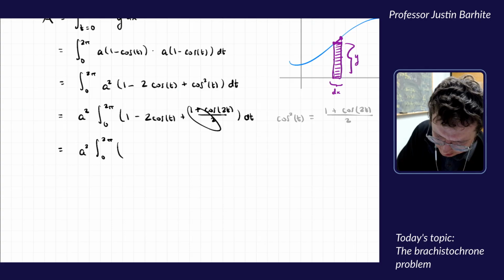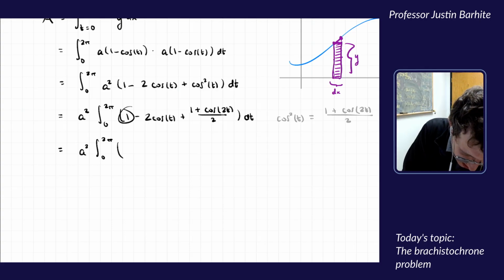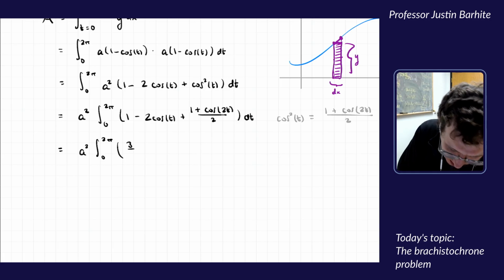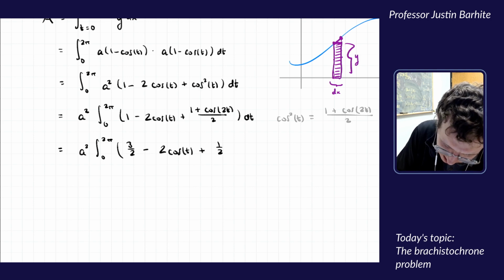If I divide this and split this fraction up, I'm going to get 1/2 plus this 1 makes a total constant term of 3/2. I have a minus 2 cosine of t, and then I have a plus 1/2 cosine of 2t.